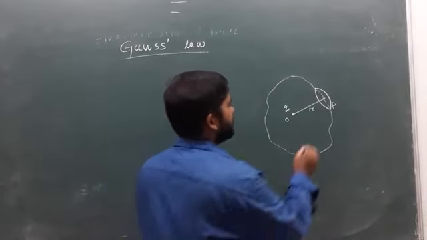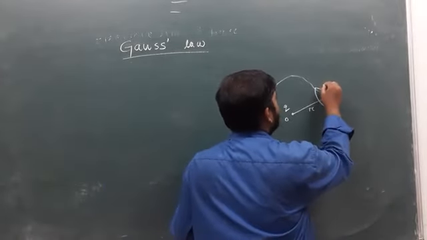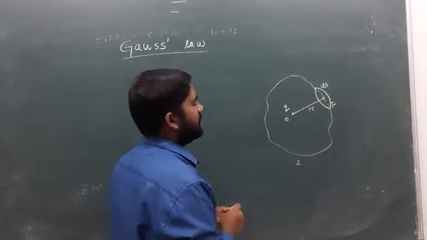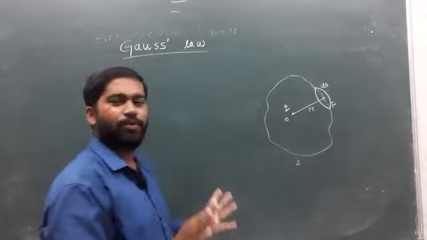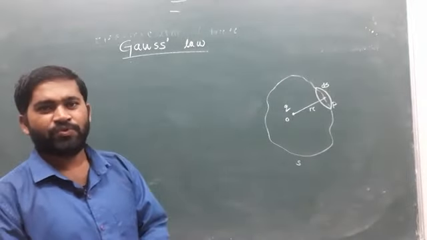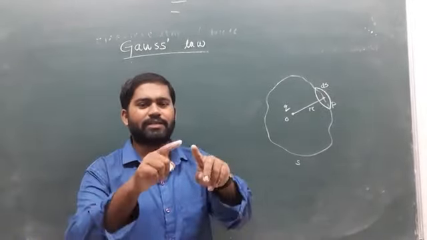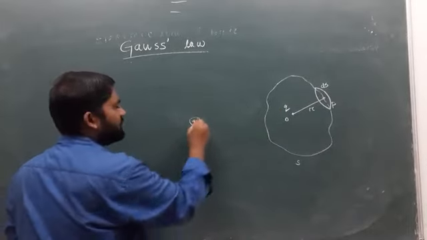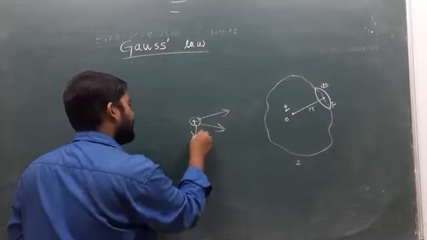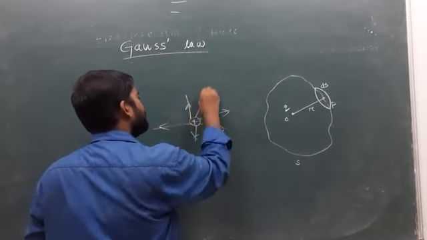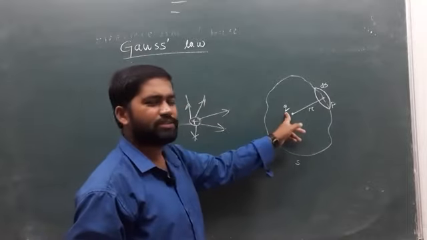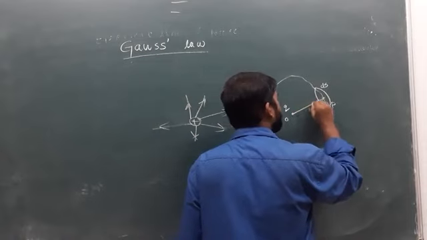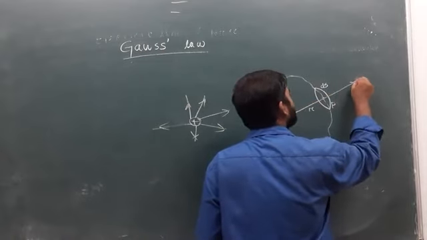Suppose the surface area of that small surface is ds. As I consider the point charge to be positive, for a positive point charge the electric lines of force are always directed away from that positive charge.